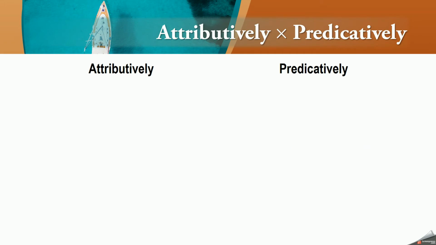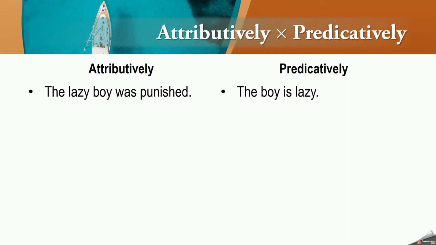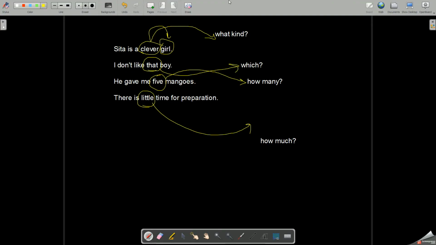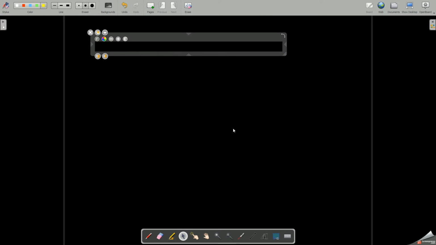Now adjectives can be used attributively or predicatively, like: the lazy boy was punished, the boy is lazy. Over here you can see the difference between the two statements.